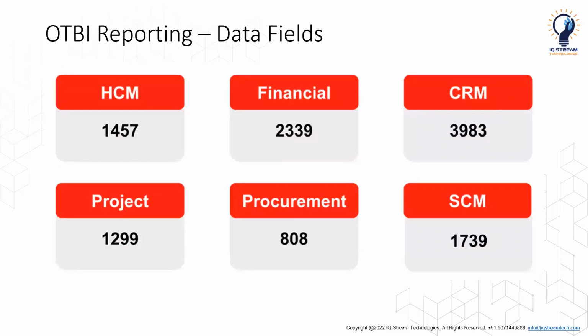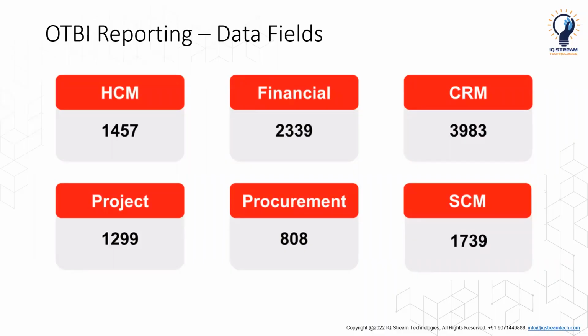Now, just to give you some stats. For OTBI reporting in financials, we have around 2300 data fields. So there are 2300 metrics given by Oracle for doing the analysis. In HCM, you have around 1400. In procurement, around 800. In projects, around 1300. These are the data fields you can use to create your reports.